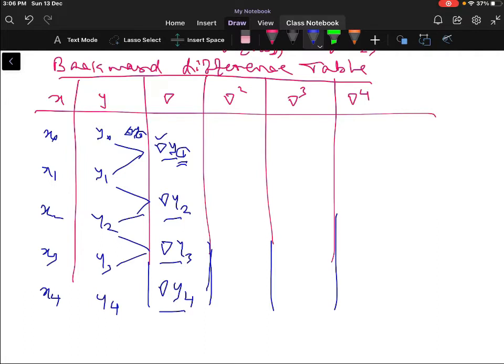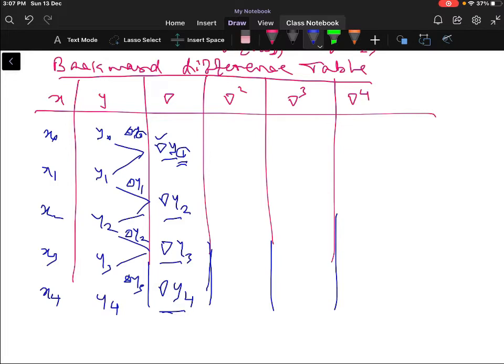Nabla y2 is y2 minus y1, and delta y1 is also y2 minus y1. So in place of nabla y2, we can write delta y1. Nabla y3 is y3 minus y2, similarly delta y2. And y4 minus y3 is delta y3; here we have defined nabla y4.